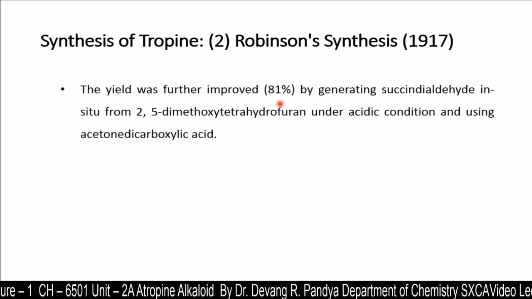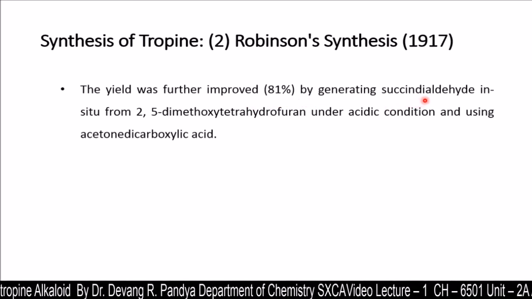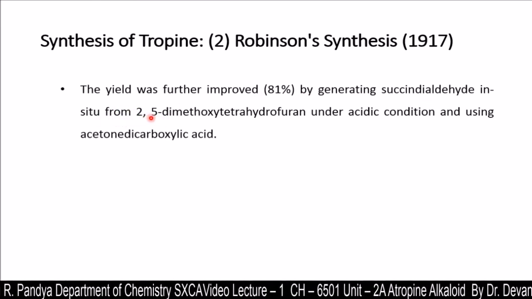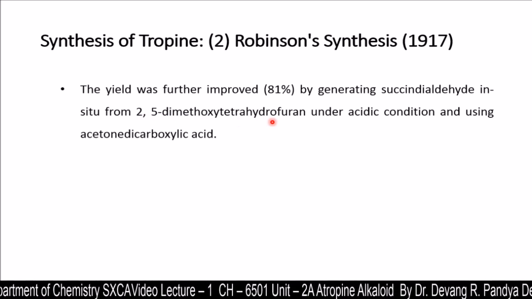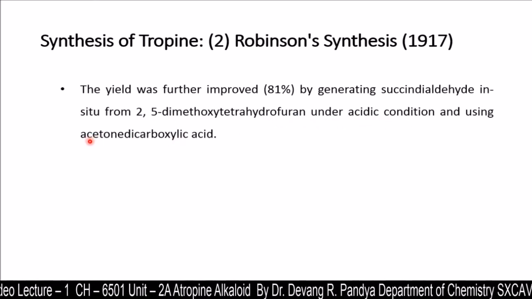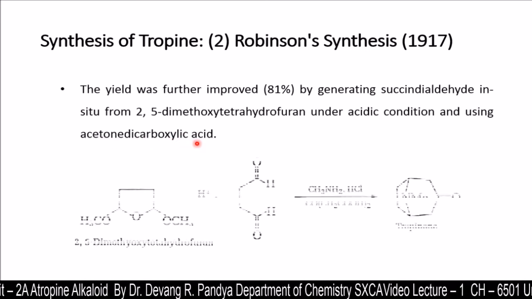The yield was further improved to 81% by generating succindialdehyde in situ from 2,5-dimethoxytetrahydrofuran under acidic condition and using acetone dicarboxylic acid.